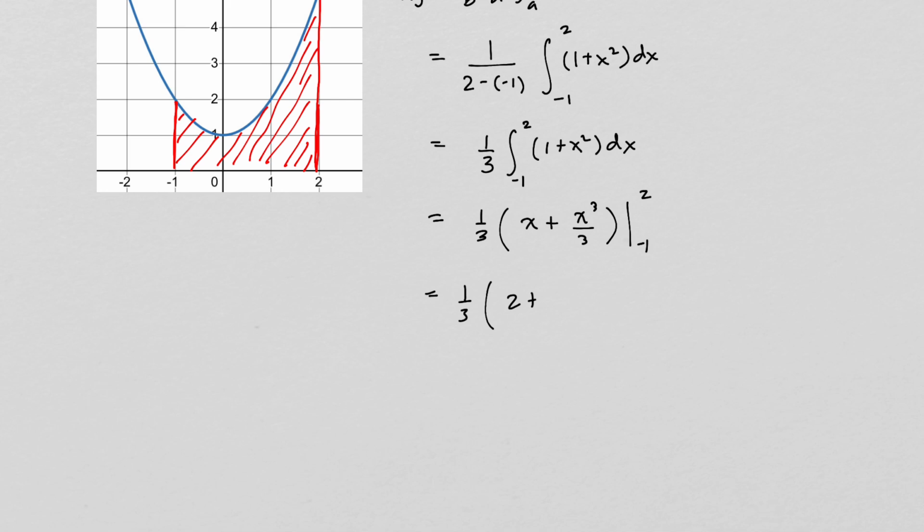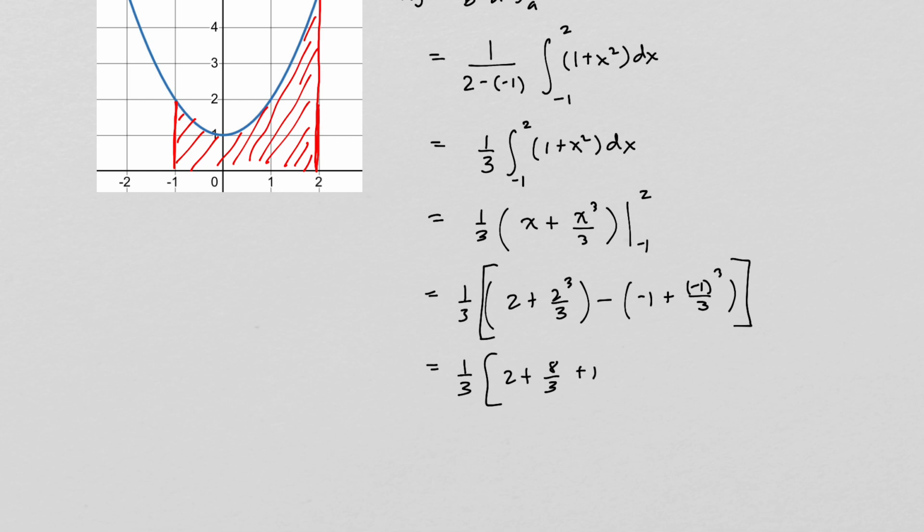Plugging in 2, we get this. Plugging in -1, we get this. And keep in mind that it's 1/3 of that whole thing. This is 1/3 times 2 plus 8/3 minus -1, which is +1.